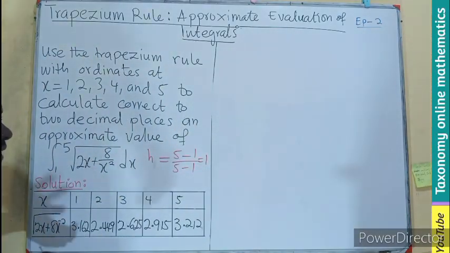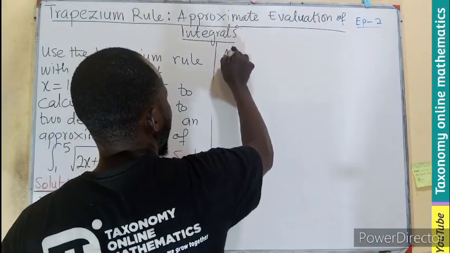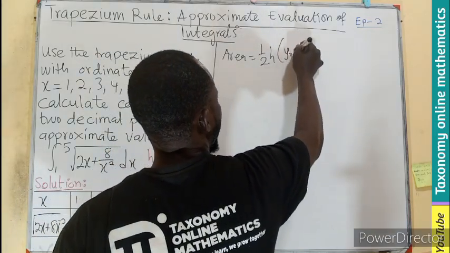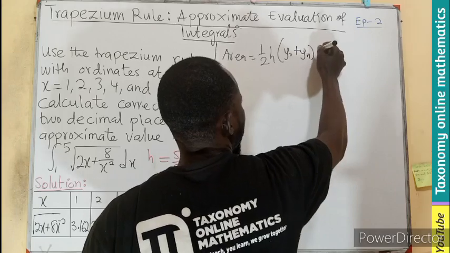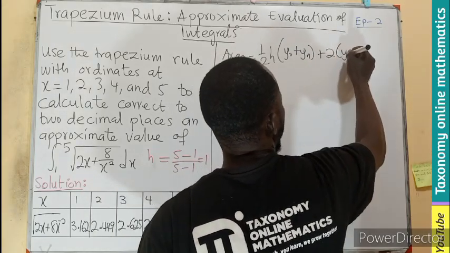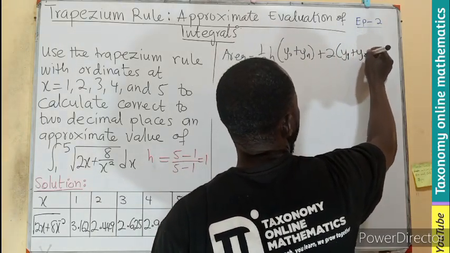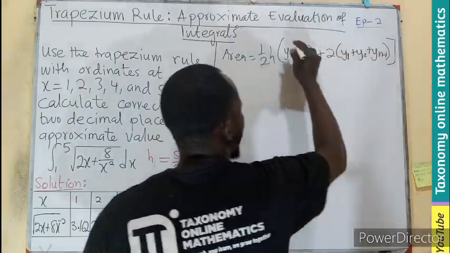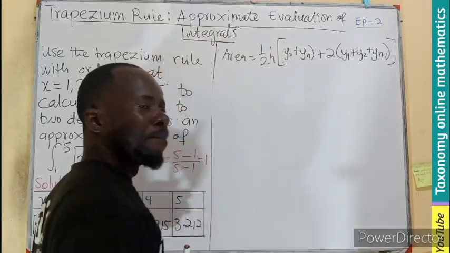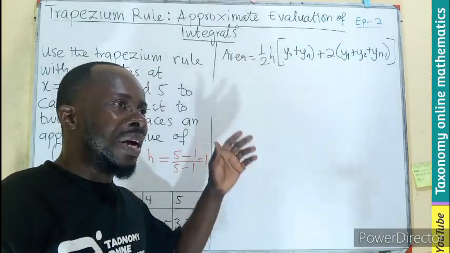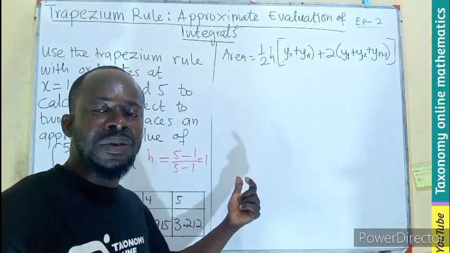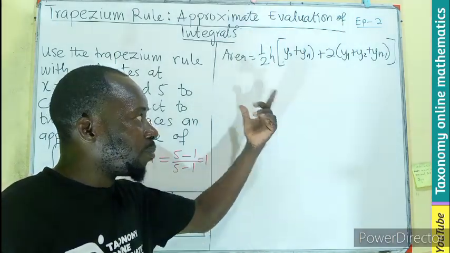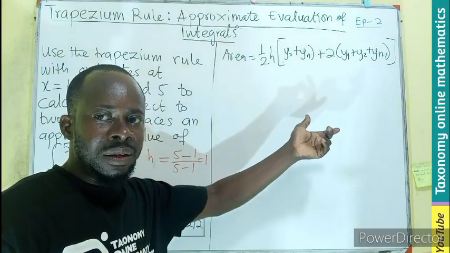So now that we have this, remember the formula we have? Area equals half the h, y0 plus yn plus 2, y1, y2, and so on up to yn minus 1. You remember we said half the height times the sum of the first and last, then plus twice all other terms.